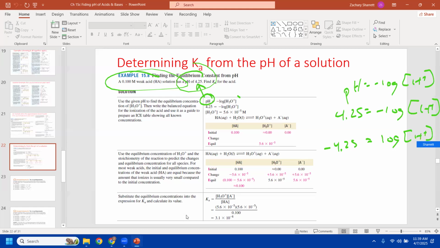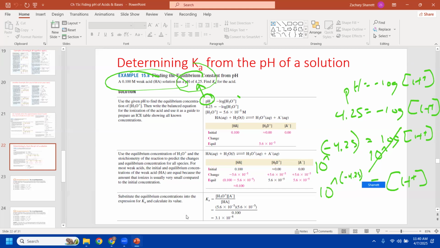And can we just divide both sides by log? What do we have to do, Robert? So we have to do 10 to the power of negative 4.25, 10 to the power of log H plus. This 10 to the log cancels. So it just tells us that H plus equals 10 to the negative 4.25.